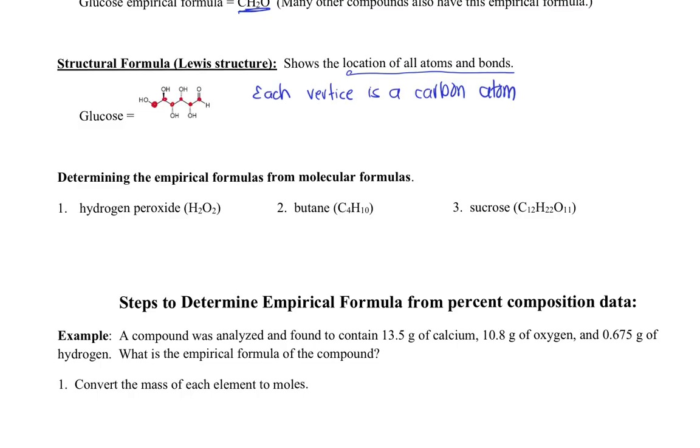Also, all the hydrogen is not written here as H. Hydrogen atoms are assumed to complete the valence of carbon. And what that means is that each carbon always has 4 bonds.